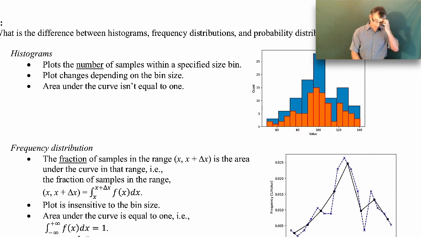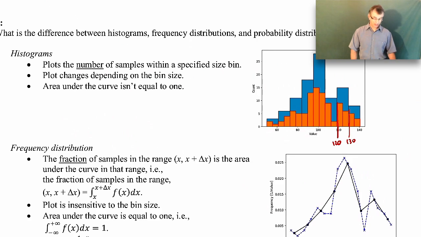It just gives you the number of counts, the number of values within a certain range. There's a bin size here. If you just focus on the blue, the bin size is between 120 and 130 here. So there are, again, 15 samples or 15 measurements that have a value between 120 and 130.